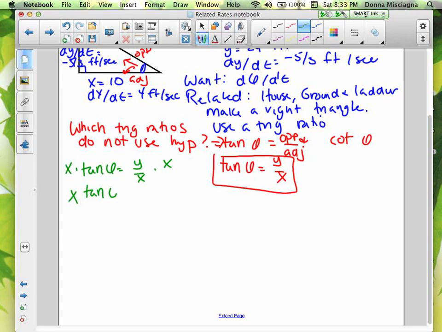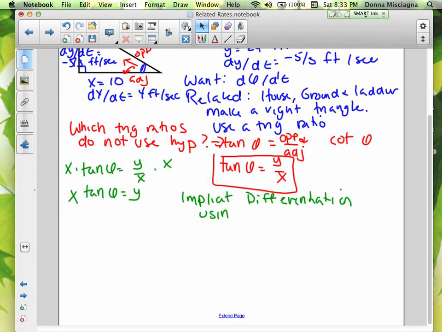So x tangent theta equals y, and now we'll just use the product rule. Okay? So we have implicit differentiation, and we're going to use product rule.